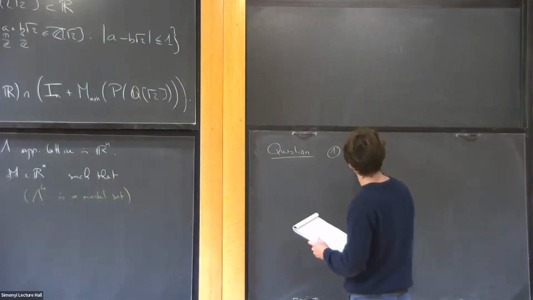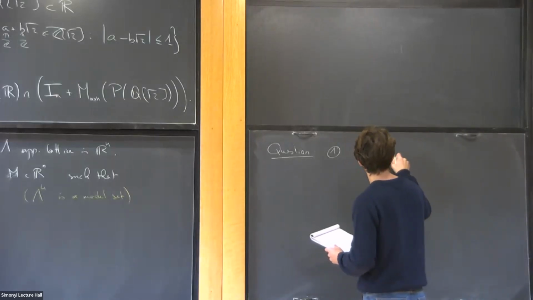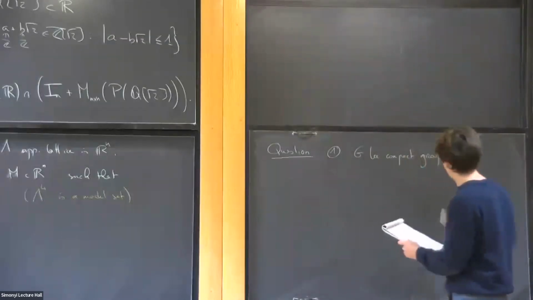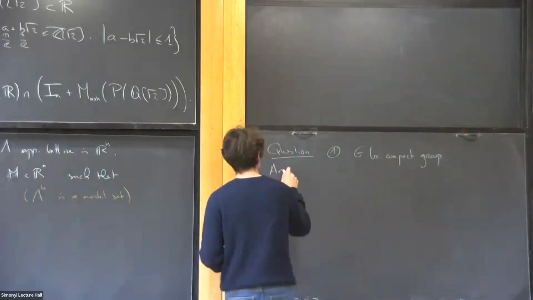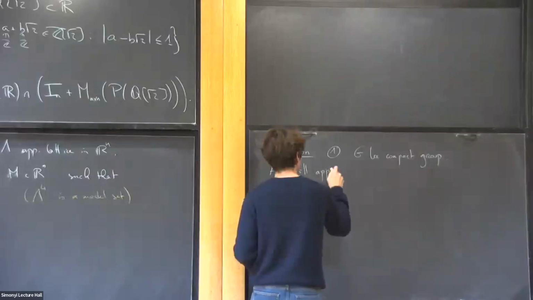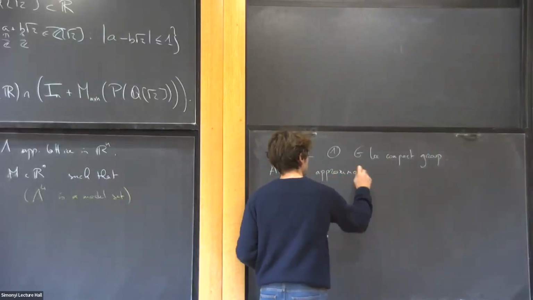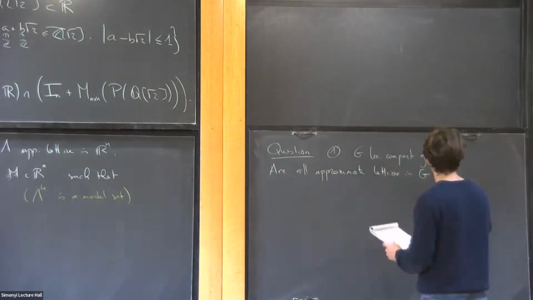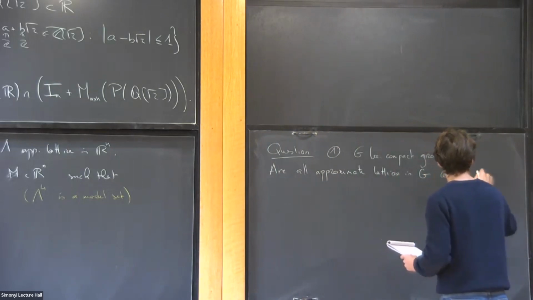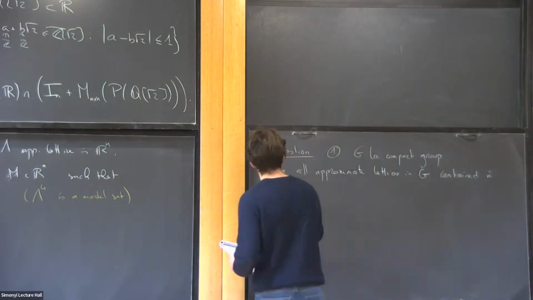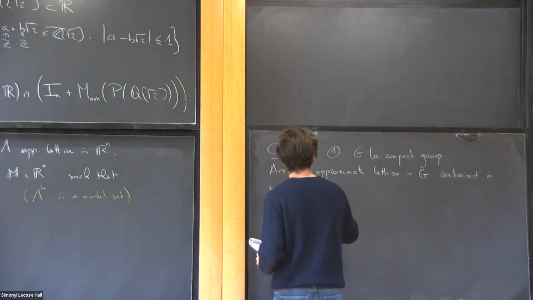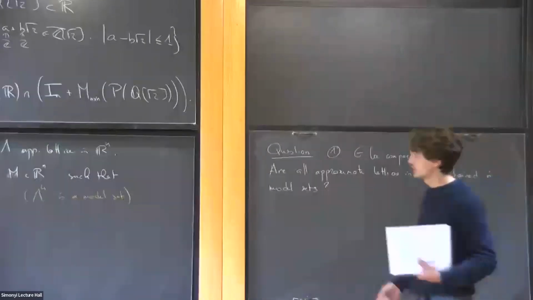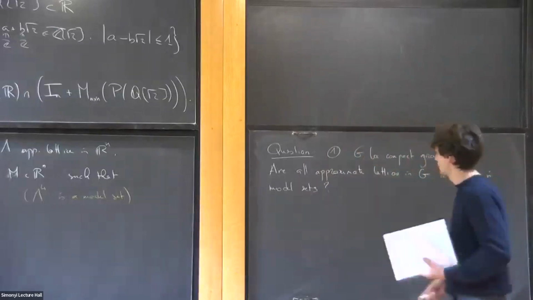If you have just G, a general locally compact group, you want to ask, are all approximate lattices in G contained in model sets? Okay, so that's just, if you want to reformulate it, does Meyer's theorem hold in greater generality?